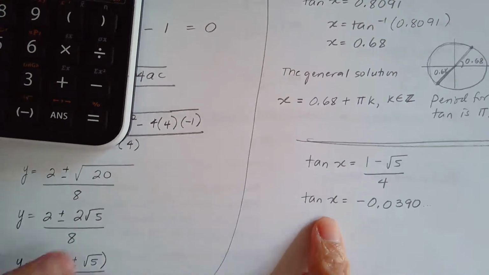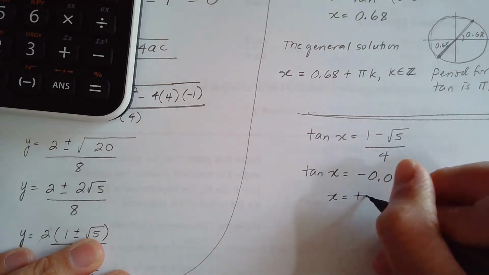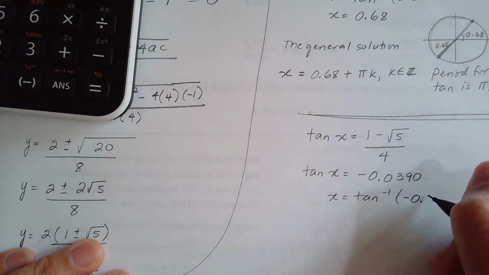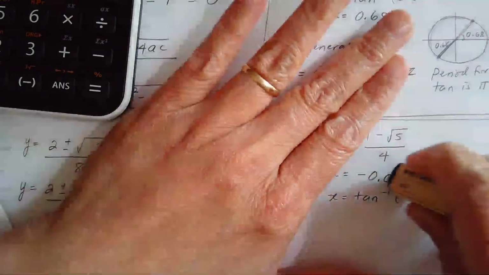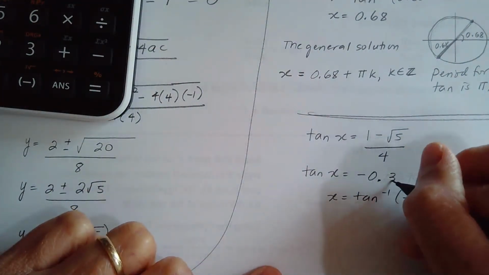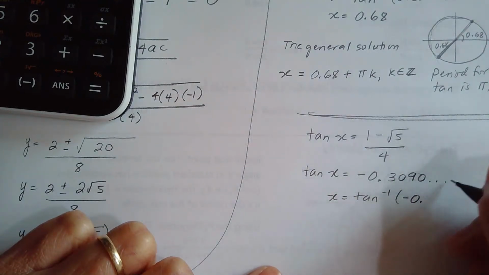So how do we figure out the x? We're going to take the tan inverse of that. 0.3090. A whole bunch of digits.